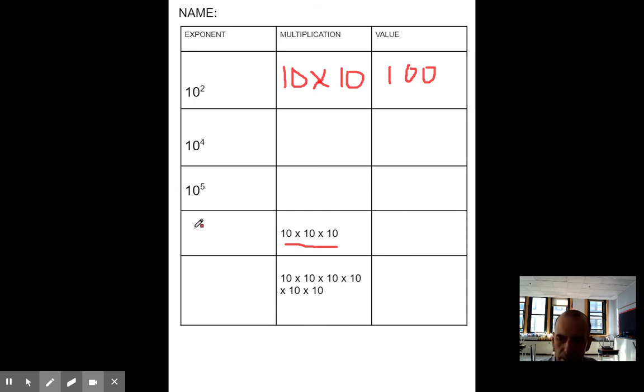So what's the exponent? 10 to the 3rd. Okay. I want you to fill out the rest of these. So do 10 to the 4th, show the multiplication and its value. Do 10 to the 5th, multiplication and its value. Figure this one out. How many 10s are there? So what's its exponent? What's its value? Bring those in on Tuesday. So that's your independent work. Okay? Good luck.